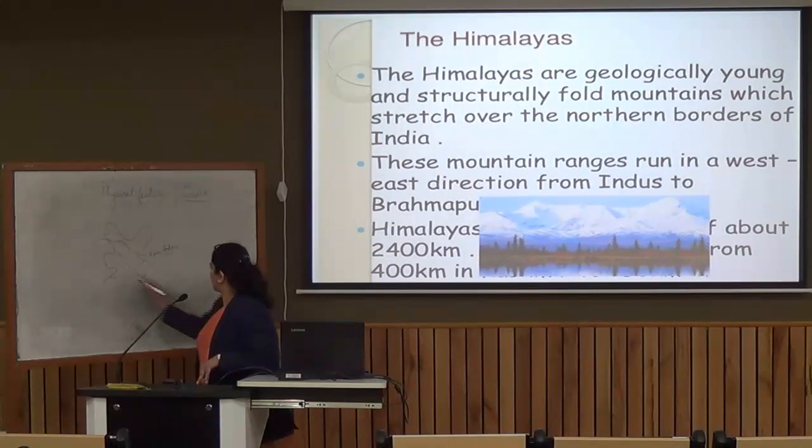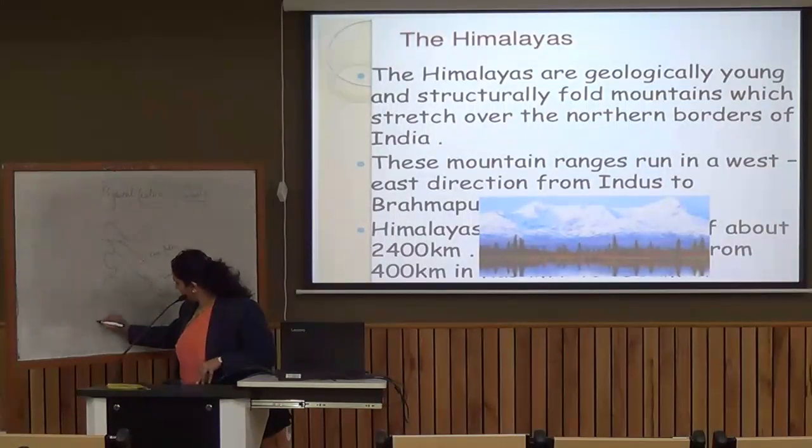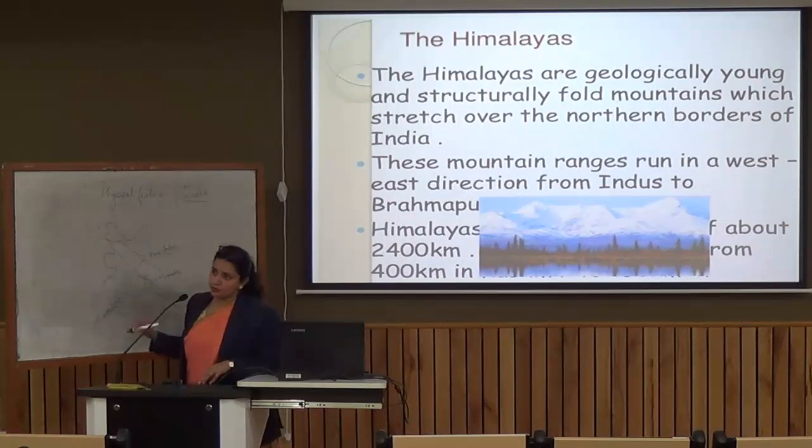The three important ranges: the outermost range is Himadri. The second range, which is south of the Himadri, is the Himachal range. And south of the Himachal range we have the Shivalik range.